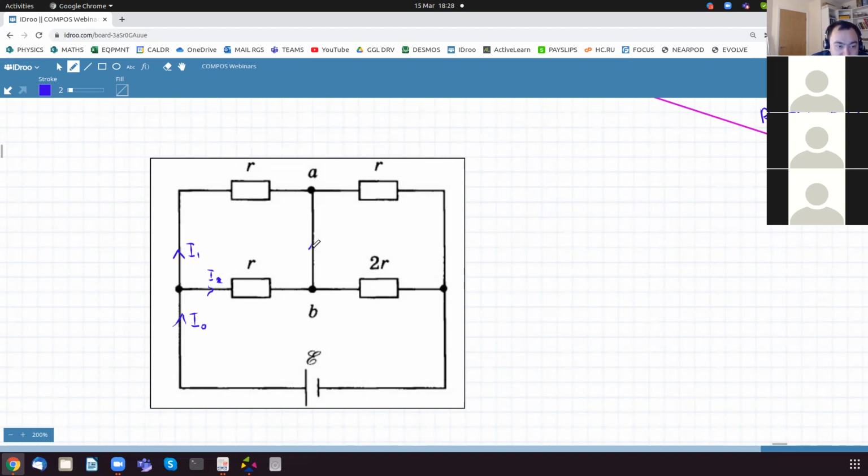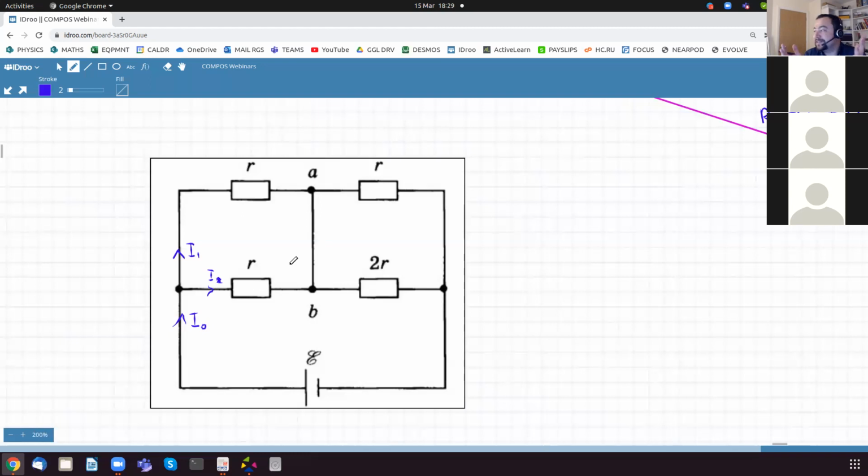Now the current that we need, we don't really know which way it goes. My best guess would be that the current flows up, because if the current approaches the junction B, it has a choice whether to go through resistor R or through resistor 2R. And the current is more likely to choose resistor R. Therefore, you would see more charge passing from B to A.